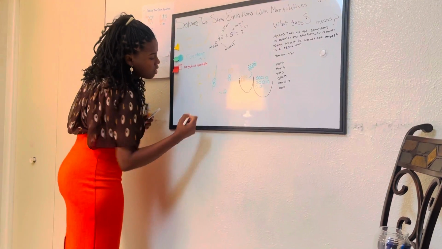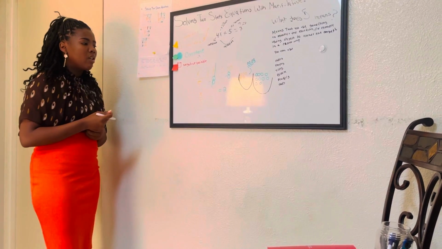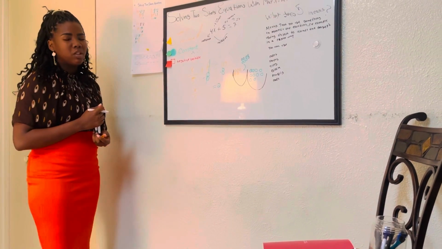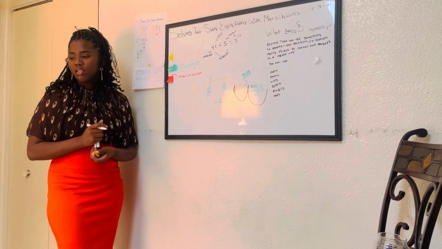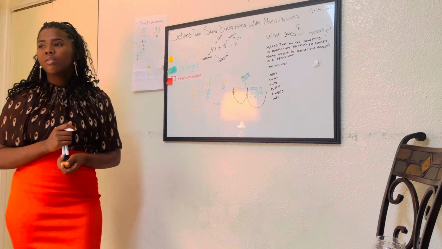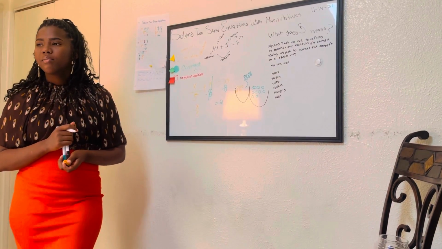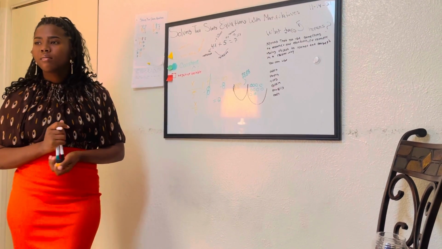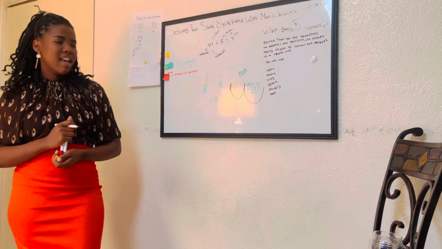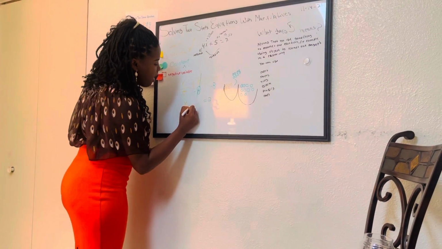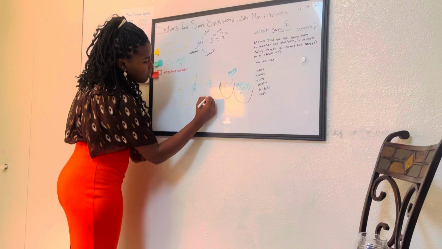divide by 5. So what is the opposite of multiplication? Do you know? What is the opposite of multiplication? Division. Yes. So we're going to divide by 5 times this one.